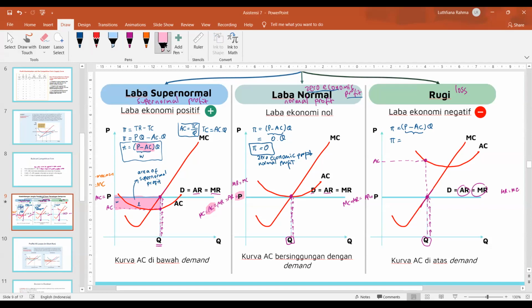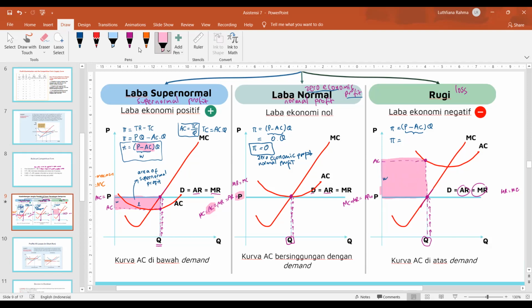Where is the gap? The gap is here, right? The gap between price and average cost here. That is the width of the rectangle, and then the length is Q. Q is here. So we have another rectangle.